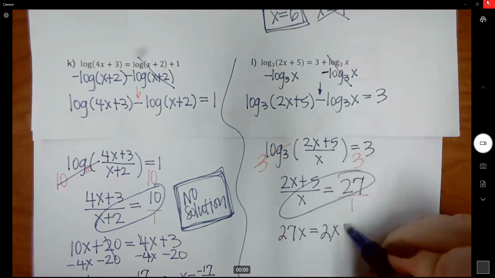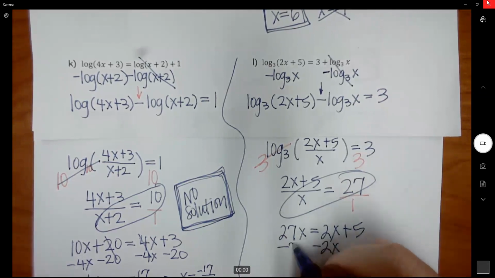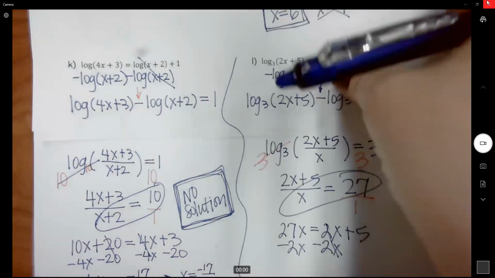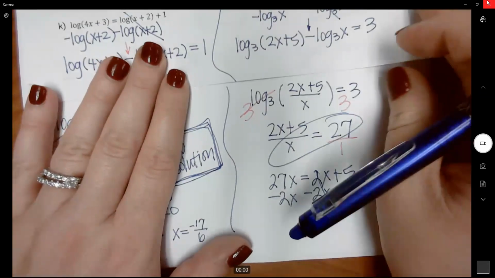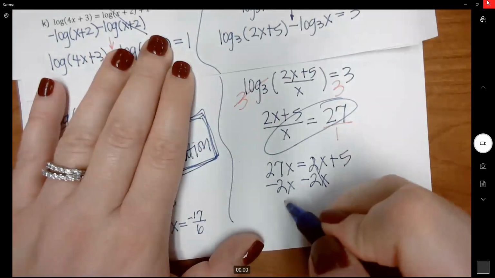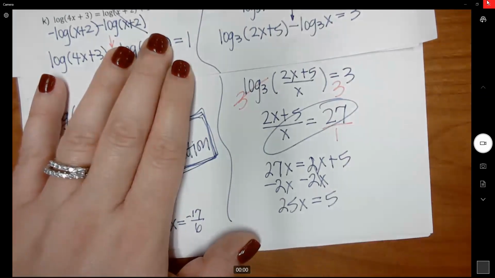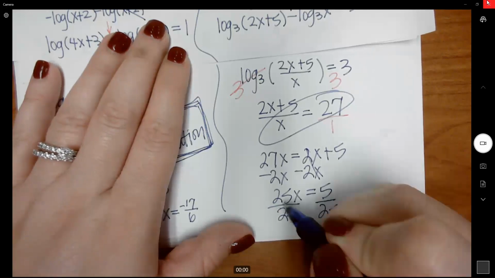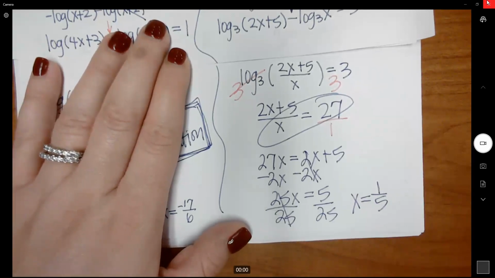And 1 times 5 is 5. So now it's a linear equation. Let's solve for x. So we'll subtract our 2x over. And we get 25x equals 5. Divide by 25. And x is going to equal 1/5.